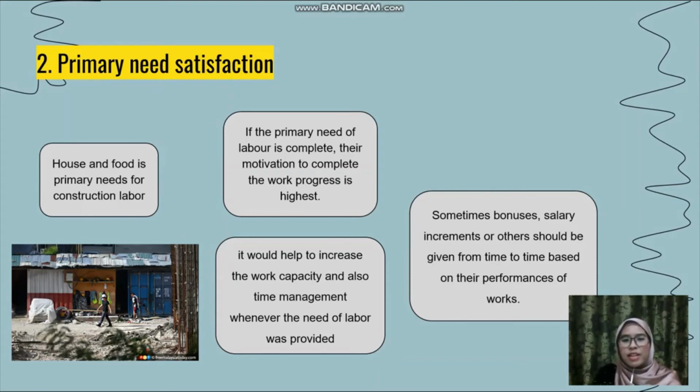Sometimes contractors need to give them some bonus, salary increment, or other benefits from time to time based on their performance and work. If the contractor gives them some bonus or salary increment, it will help to increase their work capacity.